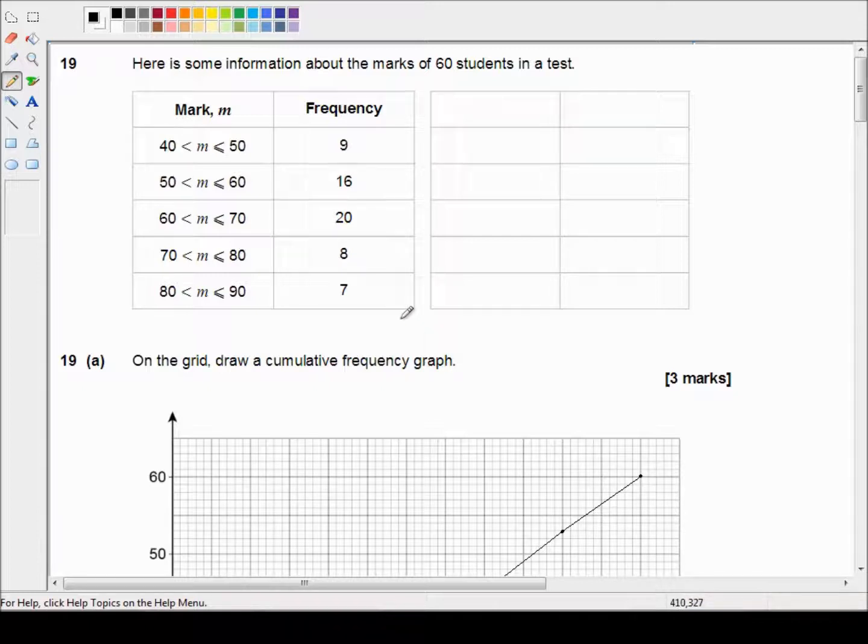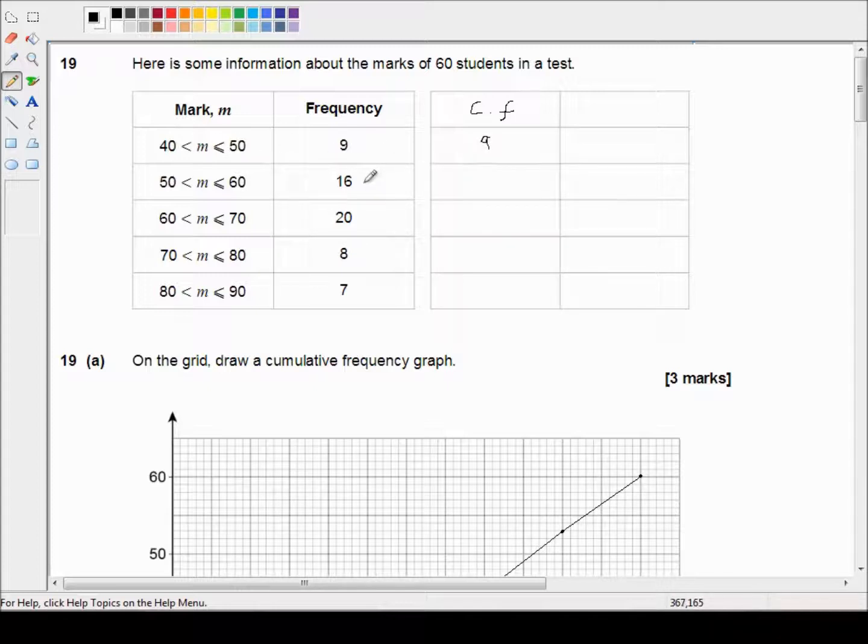So what we want to do is work out our cumulative frequency table. I'm just going to mark it CF. So we know that 9 students scored up to 50, so we put 9 here. And 16 students scored between 50 and 60, and 9 students scored between 40 and 50.